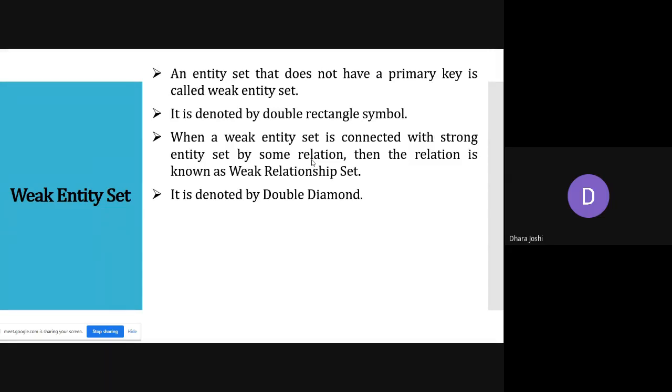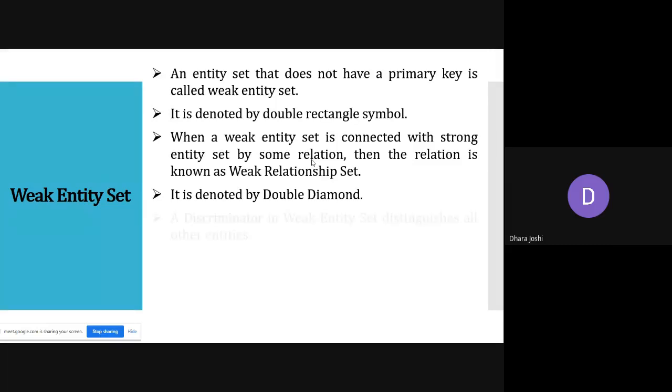When a weak entity set is connected with a strong entity set by some relationship, here in our example, installment or payment is connected with loan with the help of that L underscore P relationship. So that relation is also called weak relationship set, and that relation is denoted by a double diamond.